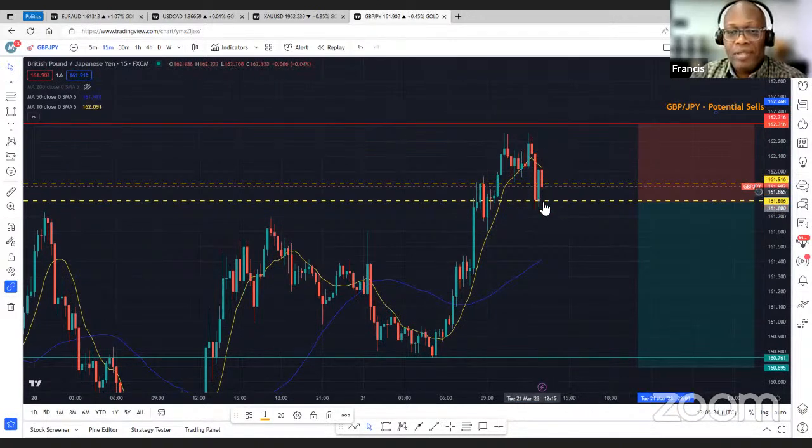But the fact that the price has pushed more than halfway tells you there is some battle going on between the bulls and the bears. So I would rather wait for a close below this now to sell. That's what I'll be looking to do.